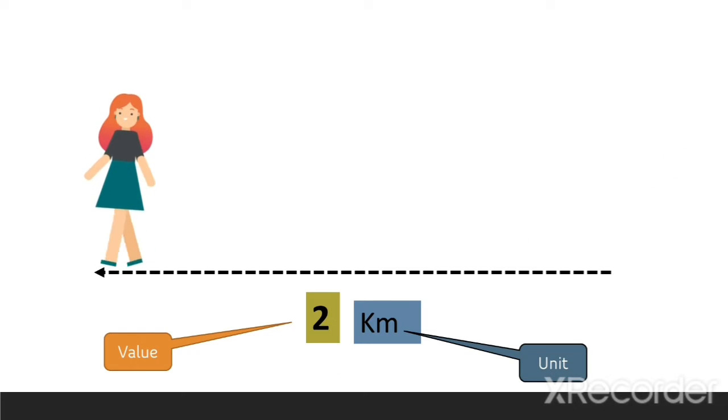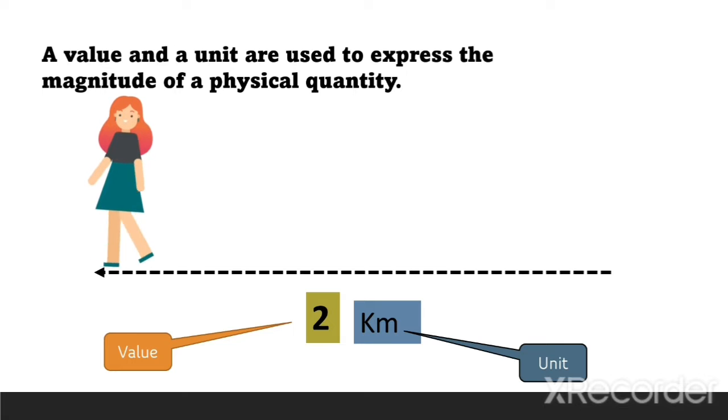So this value and unit express the magnitude of any physical quantity. Here 2 is the value and kilometer is the unit, and the quantity we are measuring is the distance covered by Sarita.